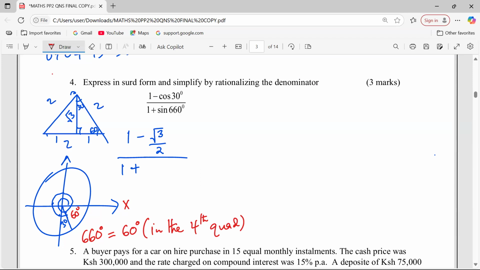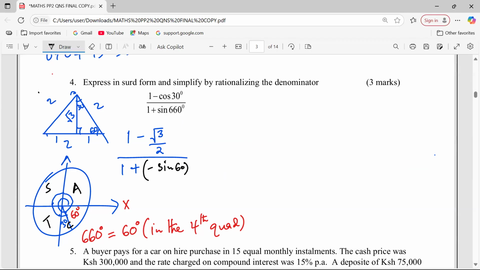Now that it is in the fourth quadrant, how are signs there? We usually say that all trigonometric ratios are positive, only sines, only tangents, only cosines. So the sine is going to be negative in this particular quadrant. We need this to be equal to negative sine of 60, because it is a 60 in the fourth quadrant.